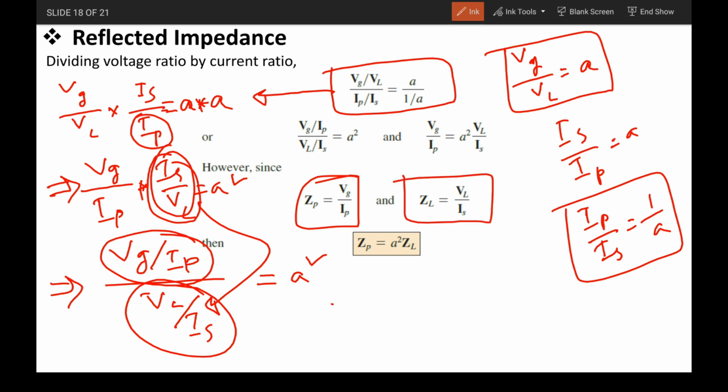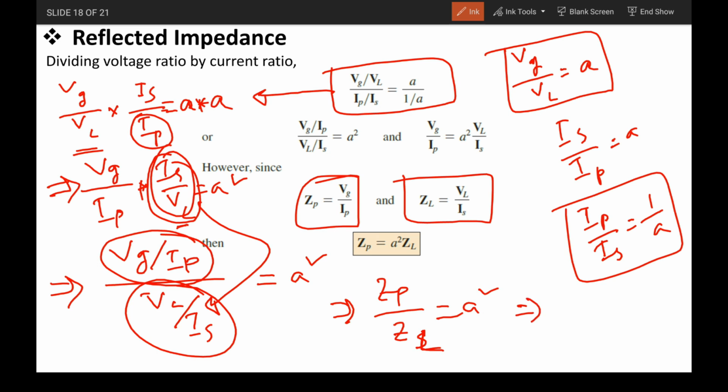So now we can say that ZP divided by ZS or ZL, we can say also S or L, secondary impedance or the load impedance more specifically. So we are calling it load impedance since we applied it as a load voltage VL. So it was VL load voltage, so we can say load impedance, equal to A square.